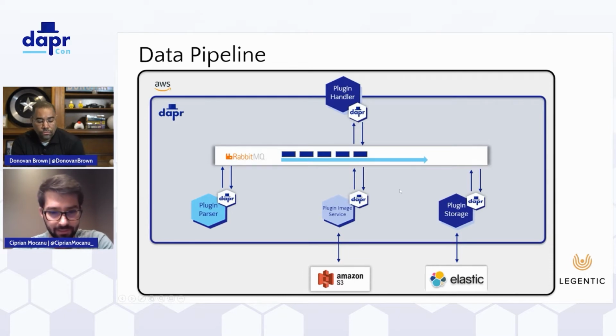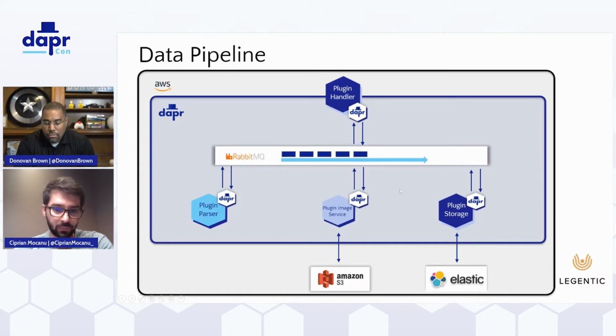So as you can see here, there's a bit of difference because the plugin image service connects to its own S3 bucket, for example, so it can have access to outside resources of the Dapr environment, let's say. But this is its own thing that it knows how to do, and we don't have to worry about that. And so on, it goes through the series of plugins, as I've explained before.